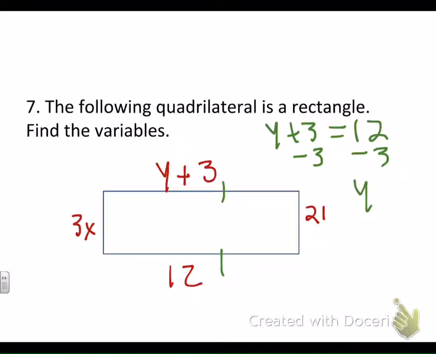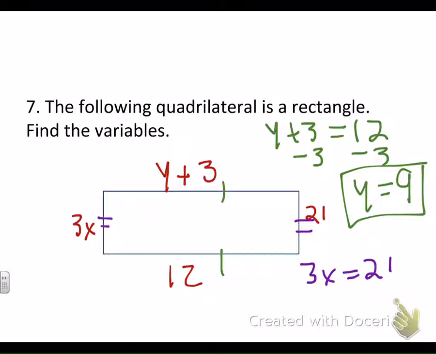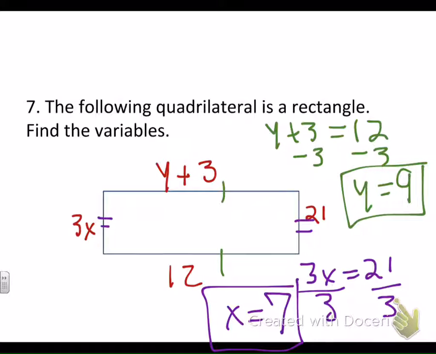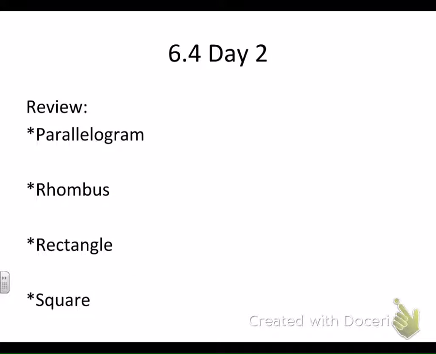Subtract the 3, so y is equal to 9. Then to find x, we do 3x is equal to 21, because we know these sides are congruent. Divide by 3, so x is equal to 7.